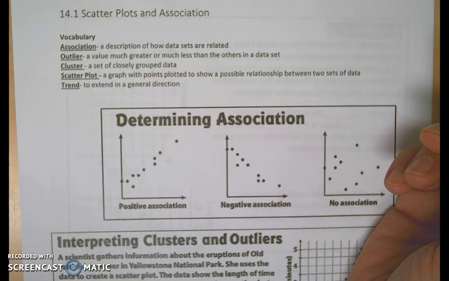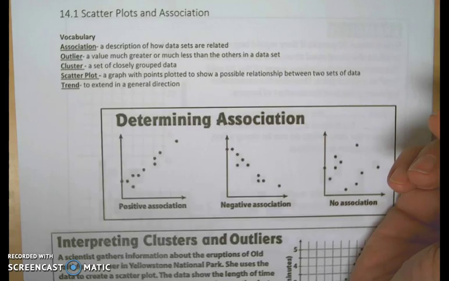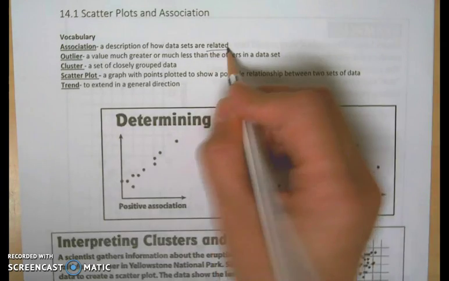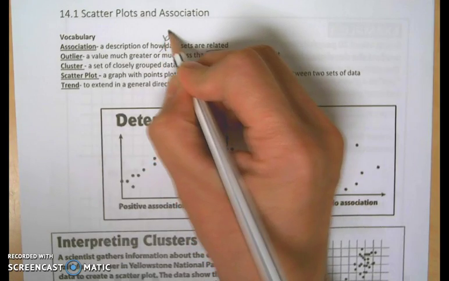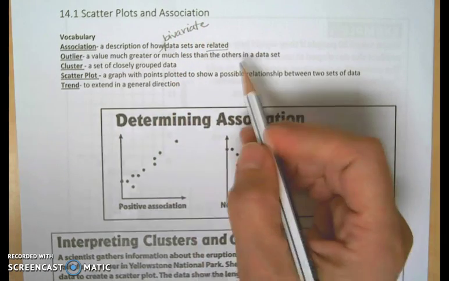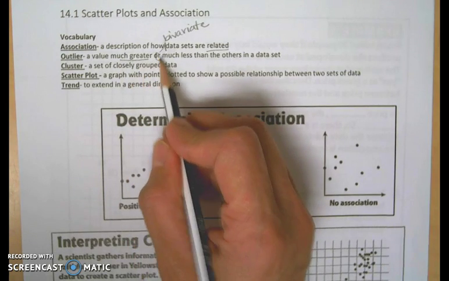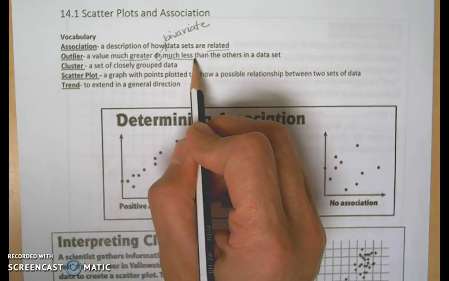Hello, today we're exploring 14.1 scatter plots and association. An association is a description of how data sets are related, bivariate data sets. An outlier is a value much greater or much less than the others in a data set.